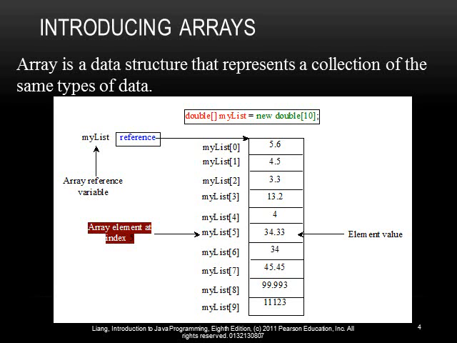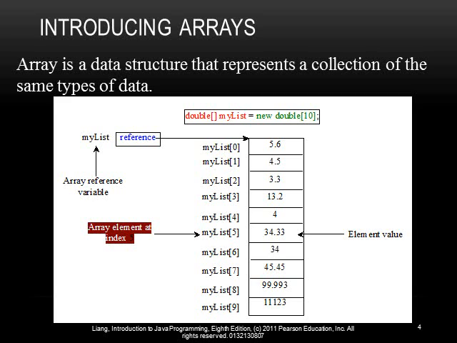Well, this slide gives quite a bit of information about arrays. The red statement is declaring an array variable named myList of type double. Note, it is the square brackets after double that tells the compiler that you're declaring an array. myList is a reference variable.